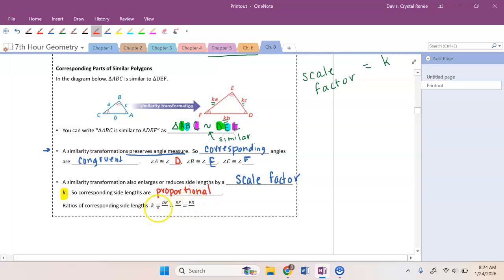Which means that if we have the scale factor, okay, it's going to be DE, which is the first two, over that corresponding side is AB. EF, which is the last two, over BC. Or FD, which is the last and first, over CA, which is the last and first. Okay, this here, we call this the statement of proportionality.